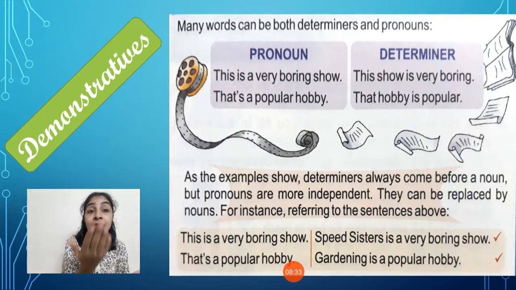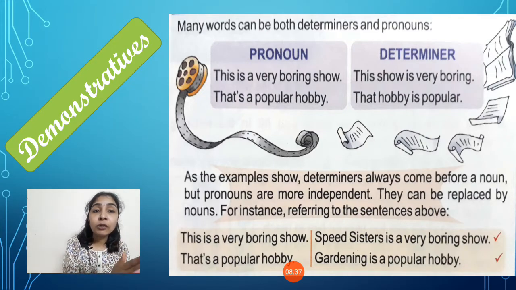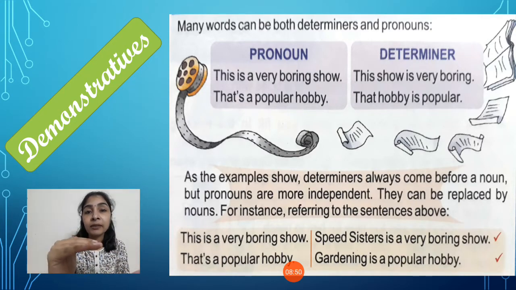Now we also have an example. This is a very boring show. When we talk about it as a determiner, this show is very boring. When we say Speed Sisters is a very boring show, that means Speed Sisters is being replaced by this here. So here it is being used as a pronoun. Gardening is a popular hobby.